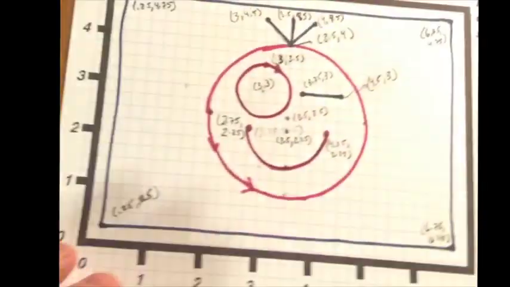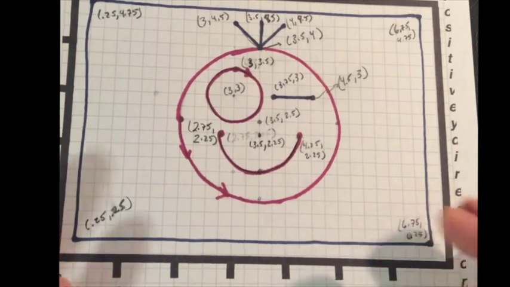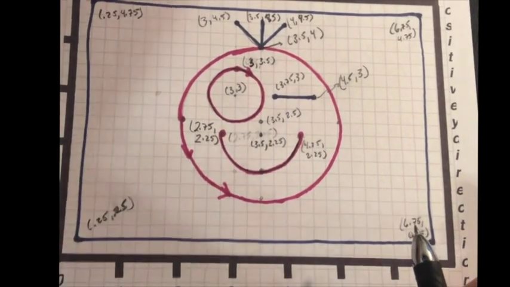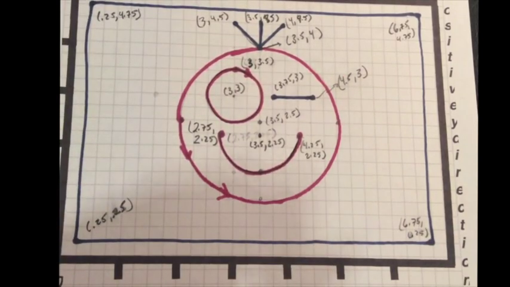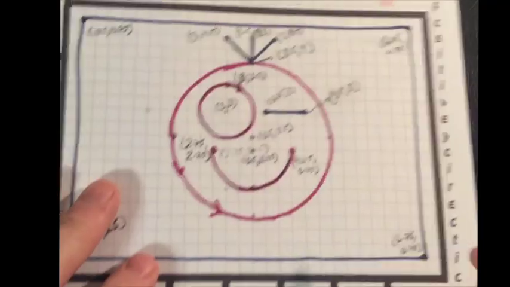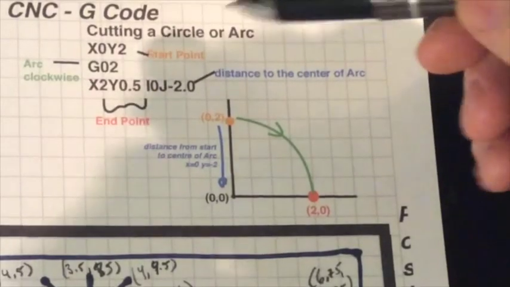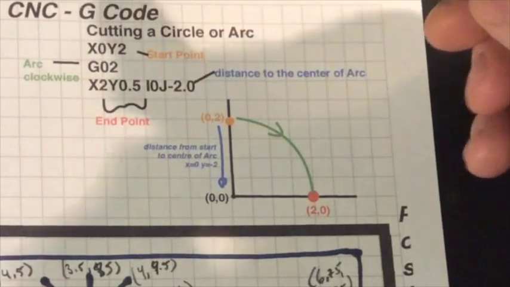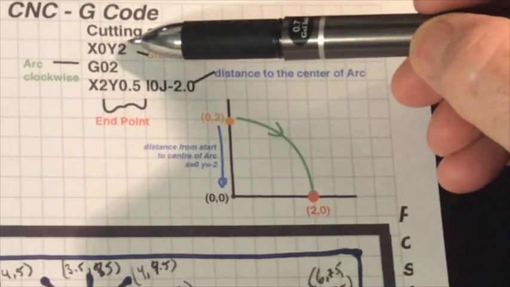Okay, so now let's talk about our example here. So we have this great looking smiley face, and I've set it up with some hints on the top. Before we get started, I just want to talk about this right here. If I want to cut an arc or a circle, I have to, first of all, get it to the starting point.